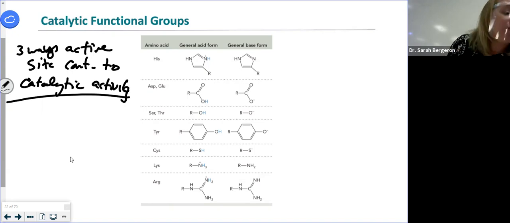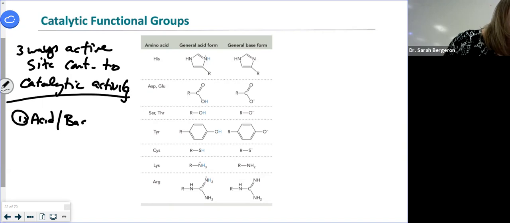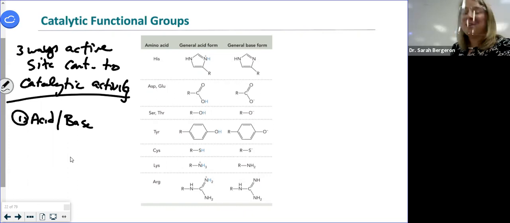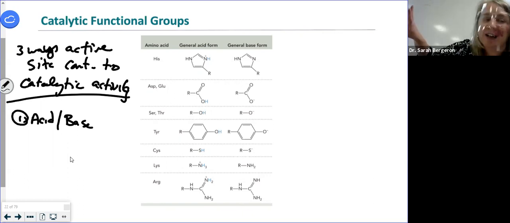And so the first one is called acid-base catalysis. So if you look at the enzymes on this slide, what do you see? An acid form and a base form. Oh, okay, so that's one of them. I'm going to tell you the other ones, but we're going to go over all of them eventually. And if it's acid base, there are actually 2 different types of acid base.